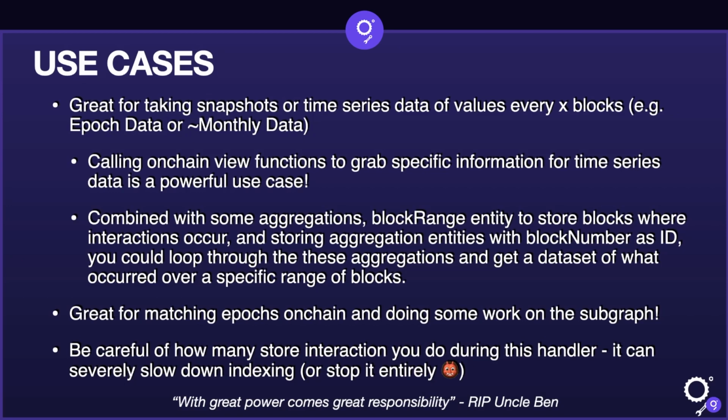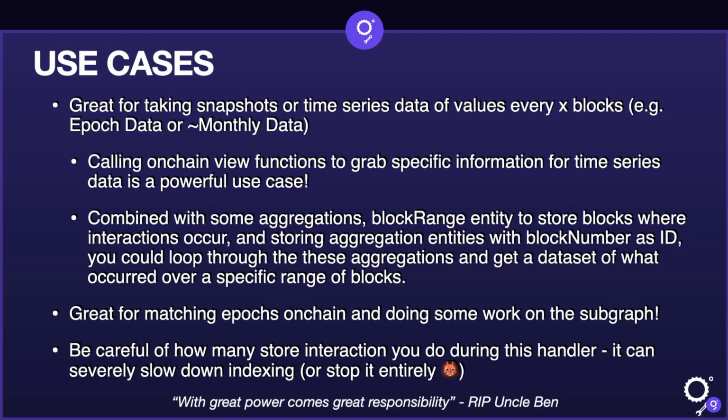One thing to note in my testing is that you have to be careful how many store interactions you're doing, because I was playing with doing every 100,000 blocks, but I was also trying to query block numbers 100,000 times in this handler, and it essentially conked out the subgraph.